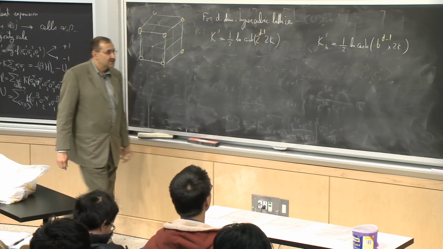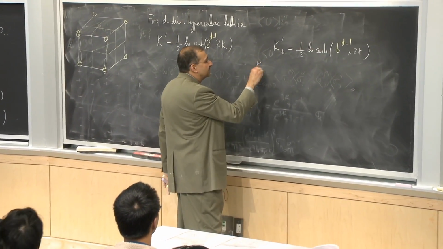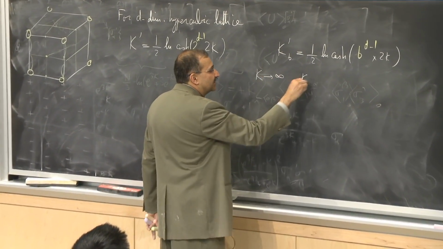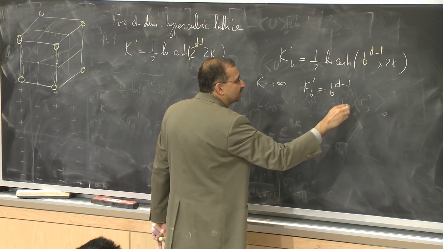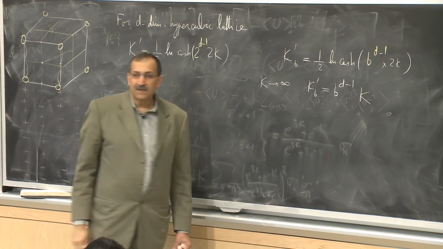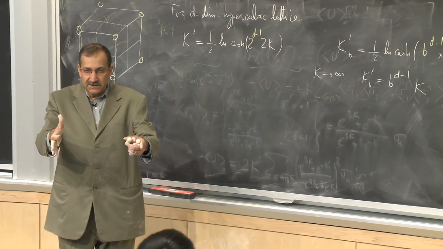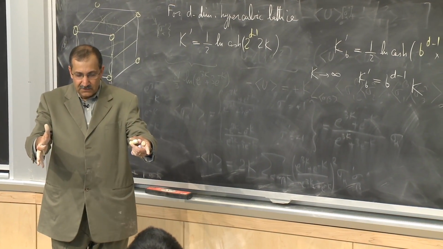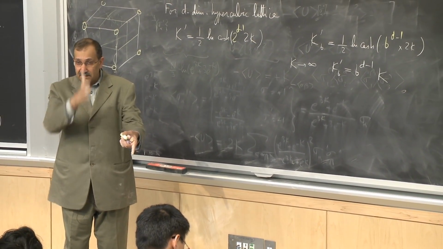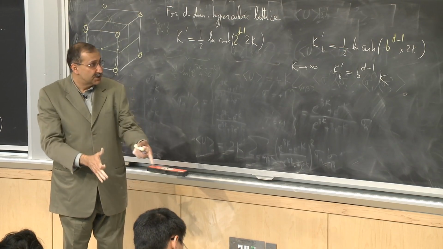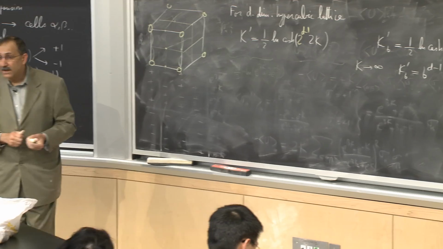And a kind of obvious consequence of that is that if I go to the limit of k going to infinity, you can see that k prime b would go like b to the d minus 1 k. Essentially, if you were to have some kind of a system and you make pluses on one side, minuses on the other side to break it, then the number of bonds that you would have to break would grow like the cross-sectional area. So that's where that comes from.